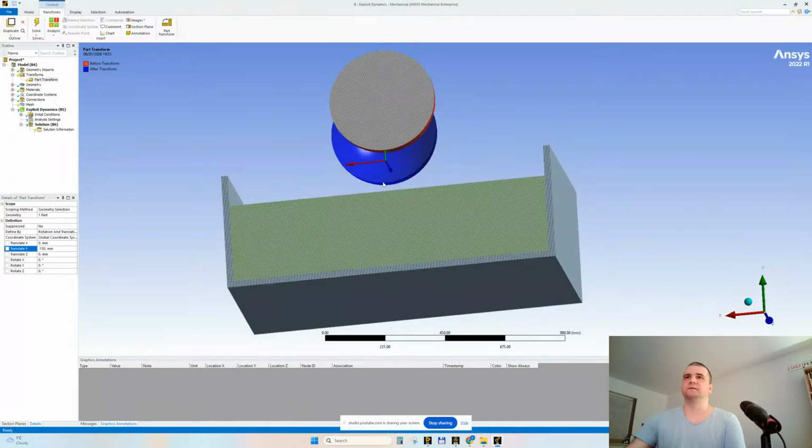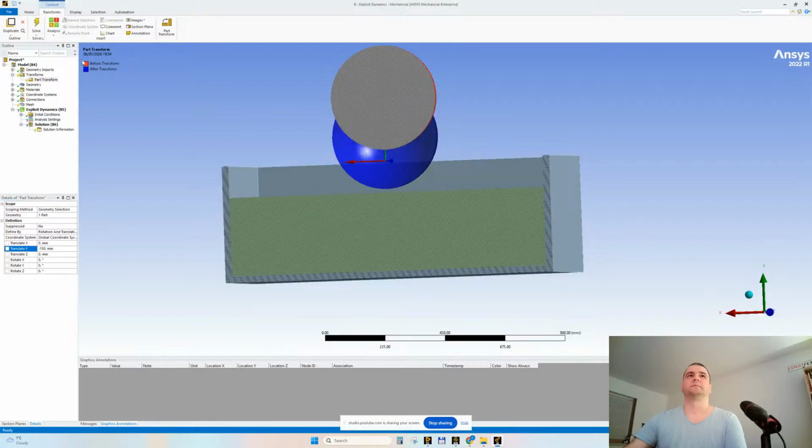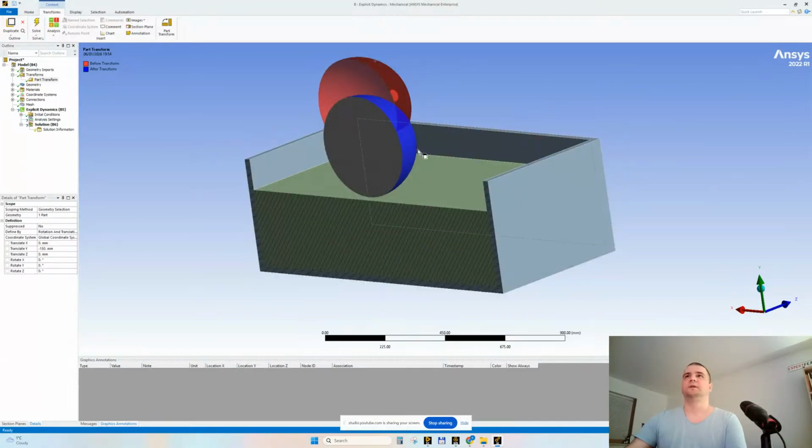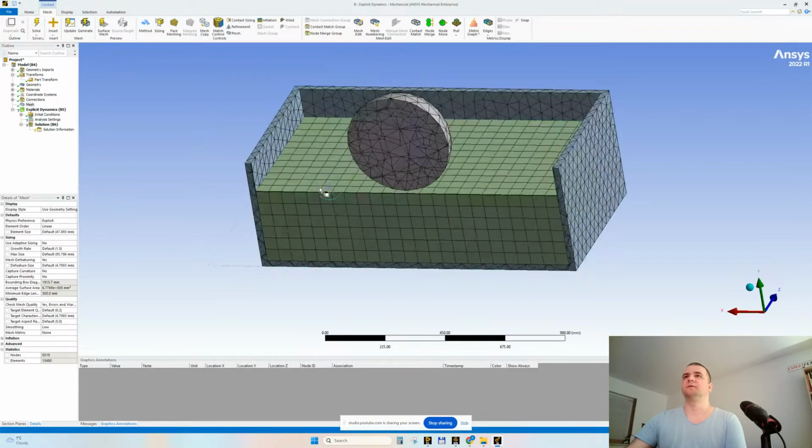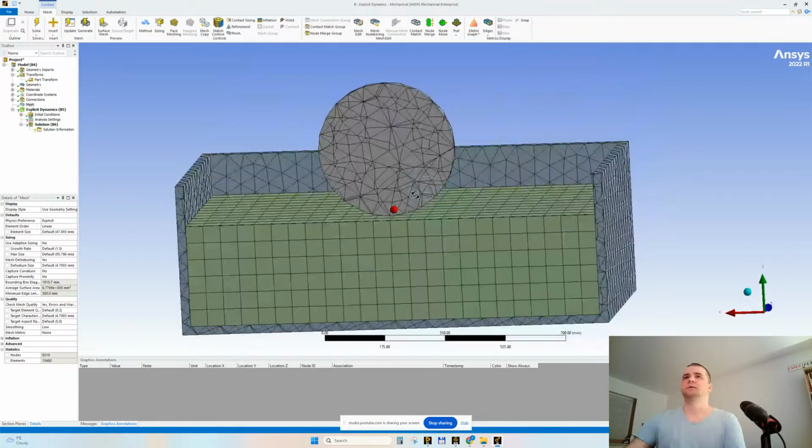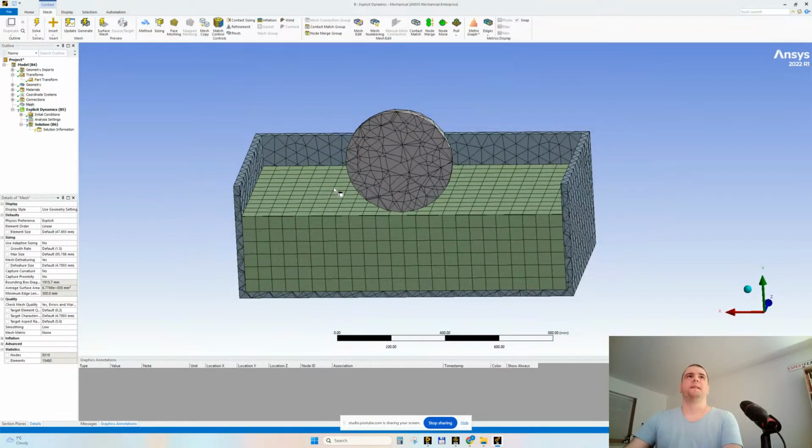Normally we can have zero distance, no problem. Minus 150, perfect. Right click, transform. You can see the correct position here. When you click mesh, then everything is correct. All right, let's think at this moment about some boundary conditions, all right?